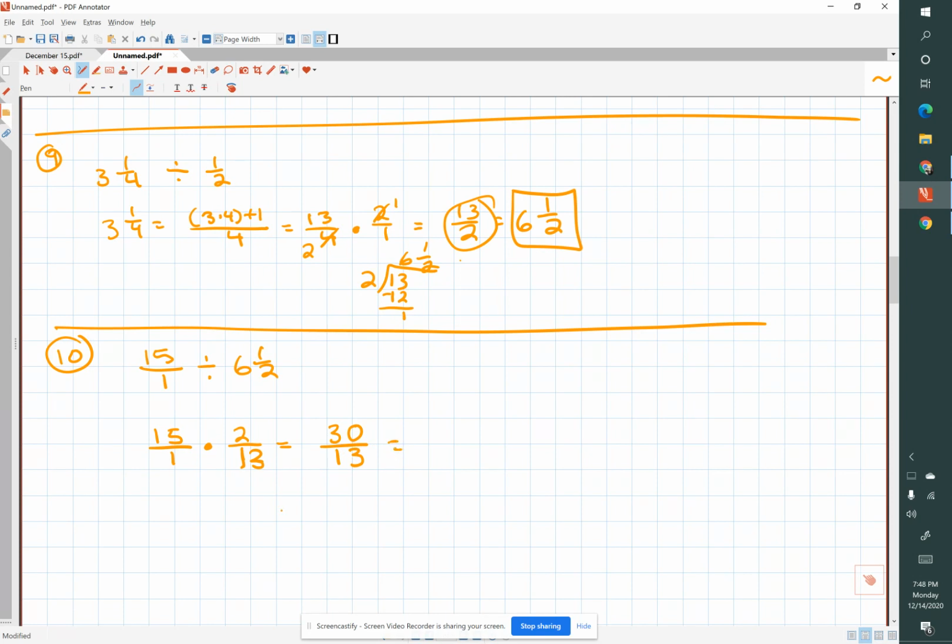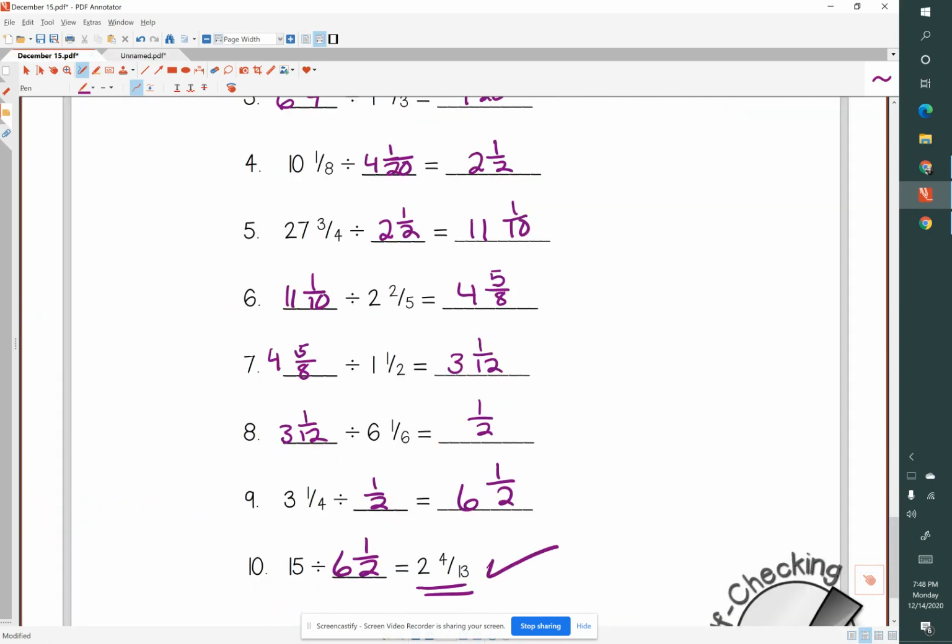And let's do the mixed number. So we'll divide 30 by 13. 2 times 13 is 26, with 4 13ths left over. And let's see if that works, and it does.